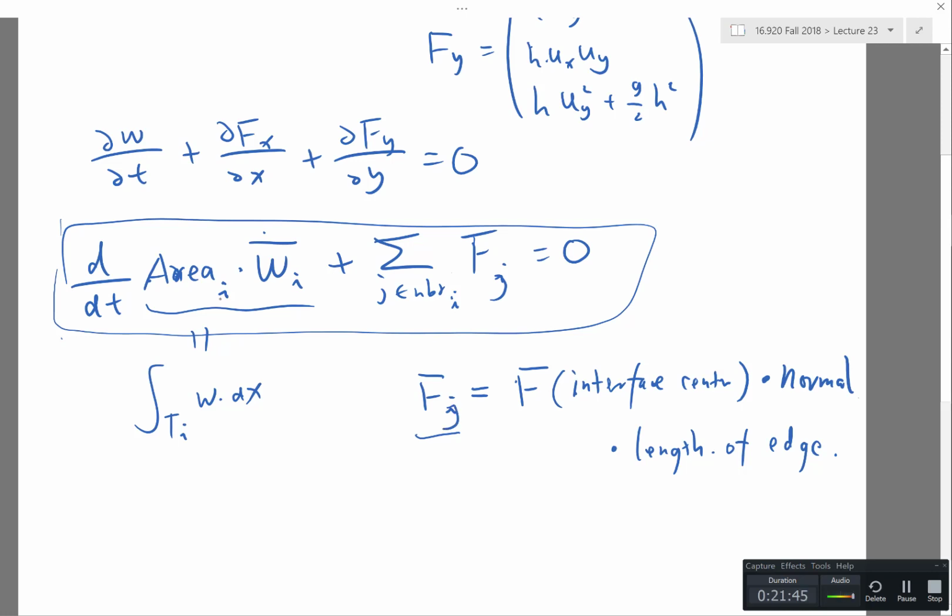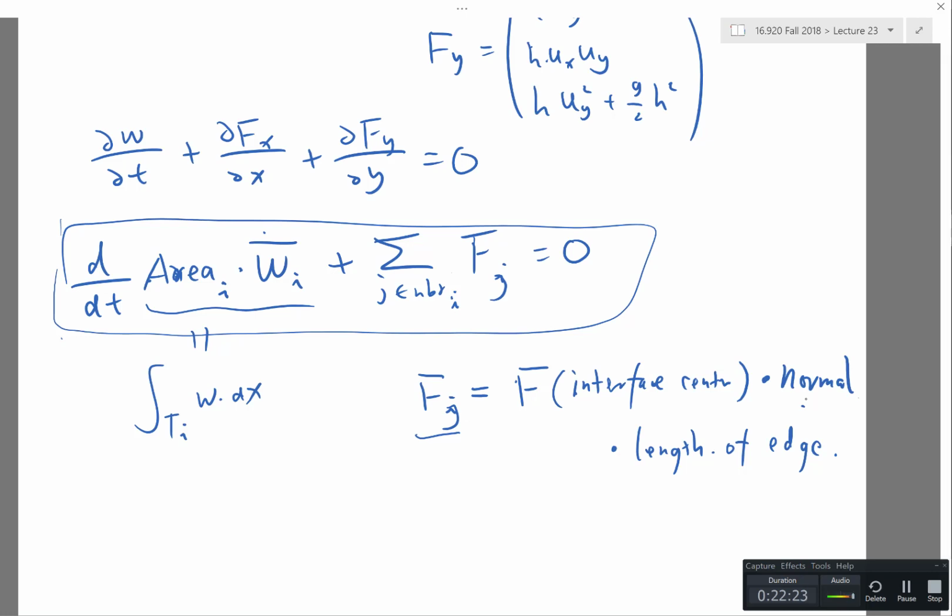If you loop over I, which is looping over the areas, then each interface is shared between two different triangles, and the flux is going to be computed twice for every interface. Exactly the same numbers, except for a sign difference, right? Because the normal as seen from one triangle is exactly the opposite of the normal seen from the other triangle. But every other number is the same, just a sign difference.